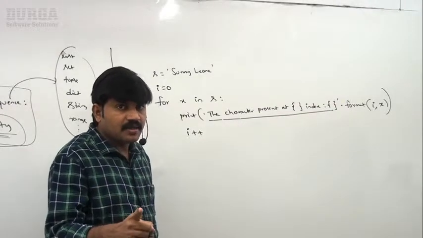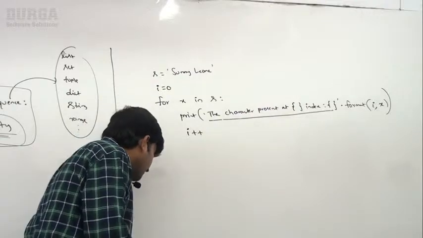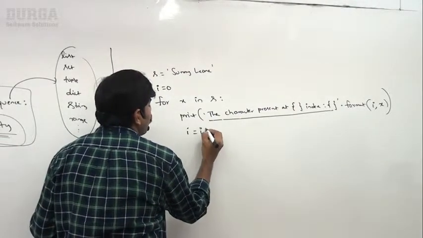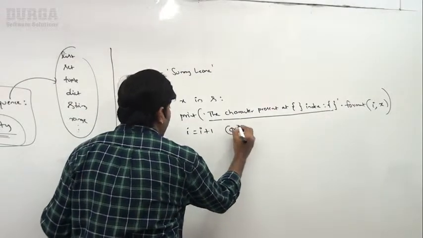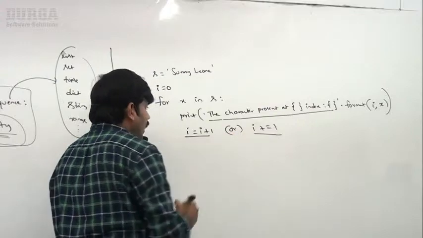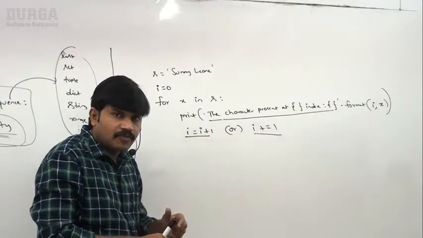In Python, increment and decrement operators are not there. Remember, that's why we have to take either i is equal to i plus 1 or i plus equal to 1. Either this one or this one we have to take care of.